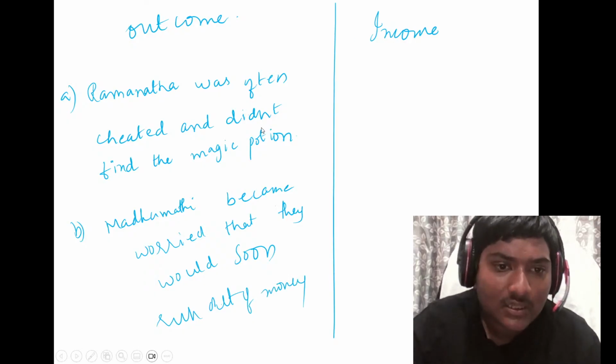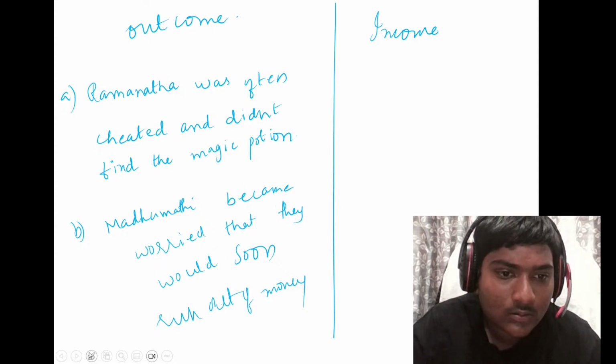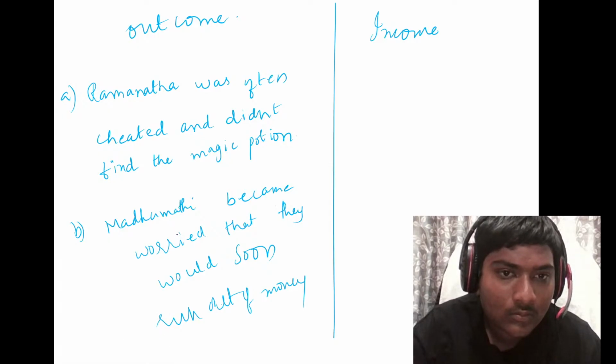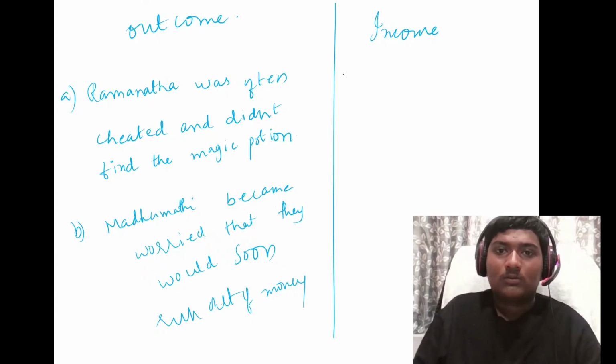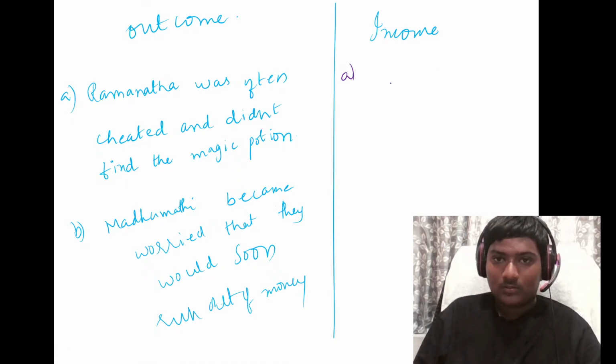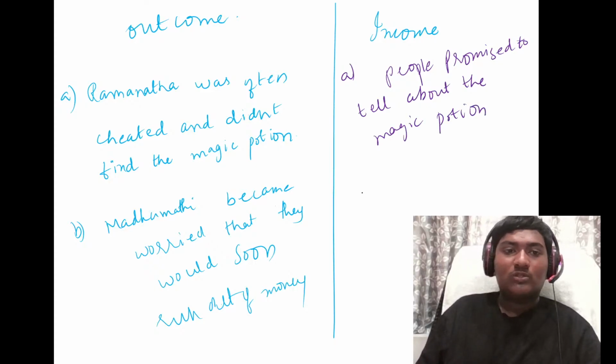Okay. Let me write the income also to make it clear for you. People promised to tell about the magic potion was the income.